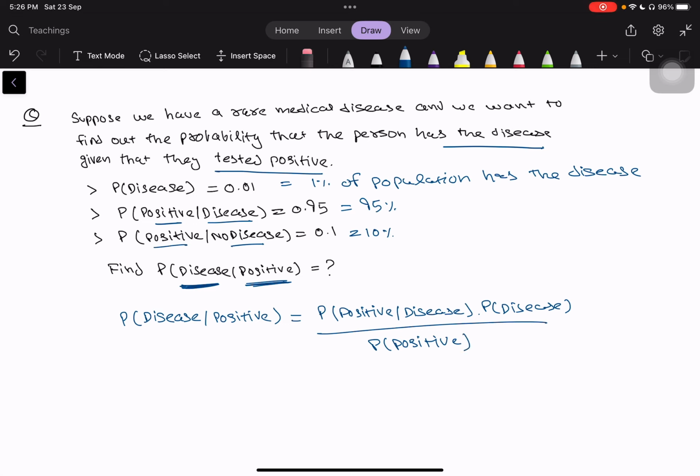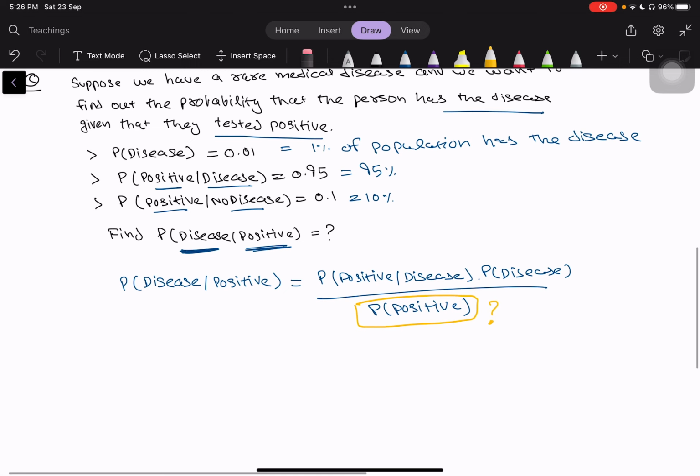Now, if we look at it, do I have this value with me? Yes, I have this value with me. And then probability of disease, this value is also here. So we need to focus on getting this value. We don't have this value, right? So we have to find this value. So how do we find this value?